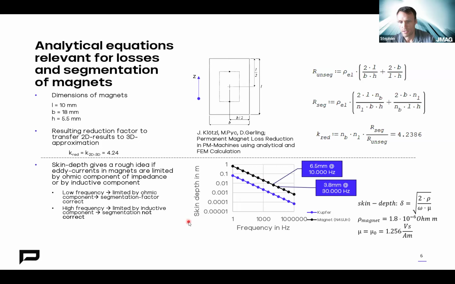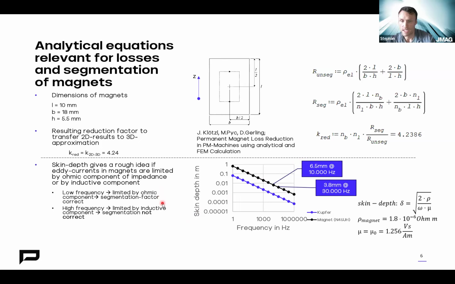The eddy current is not only limited by the ohmic component, but also by the inductive component. This means if we increase the resistance virtually by segmentation of the magnet, we increase the resistance, but we do not increase the inductance in the same way. So the inductive component of the resistance remains the same.